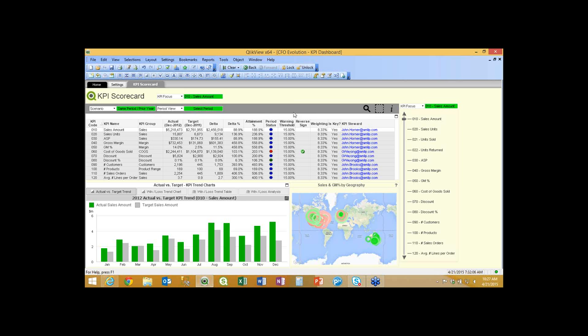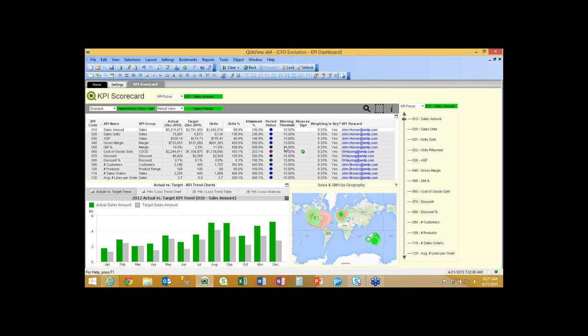So you'll see next to it that we have this warning threshold. Again, in this example, we're using a global warning threshold for each of these KPIs. It's more than likely that some of these would differ across the KPIs, and it's also likely that as you drill into more detail, perhaps by region or different areas, these thresholds may change.